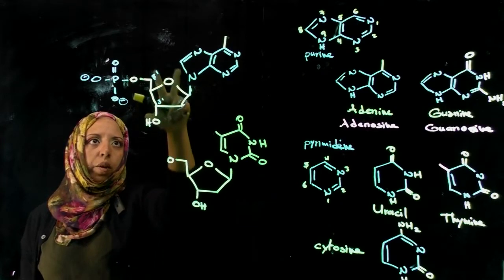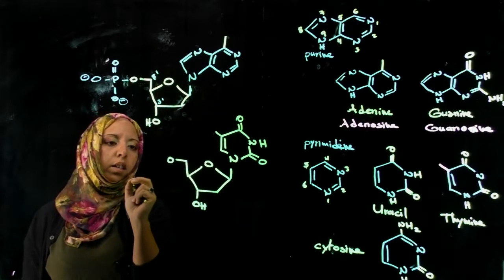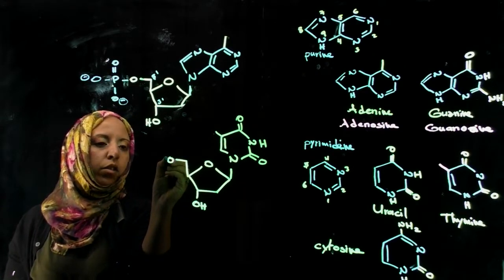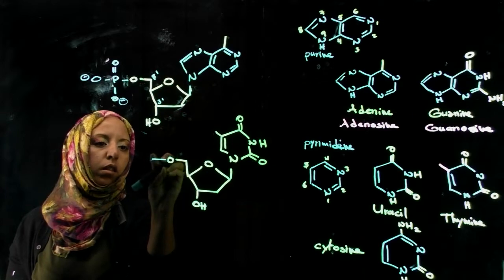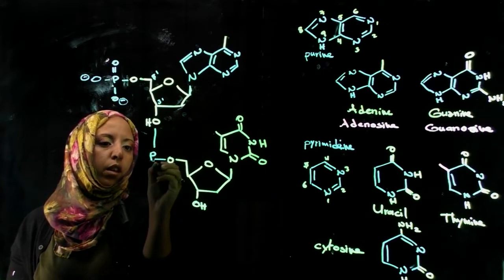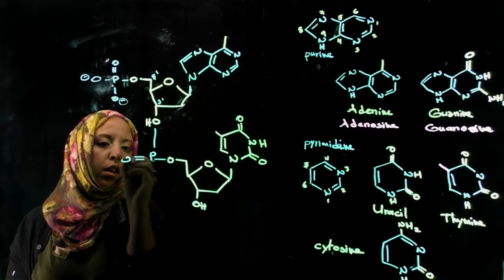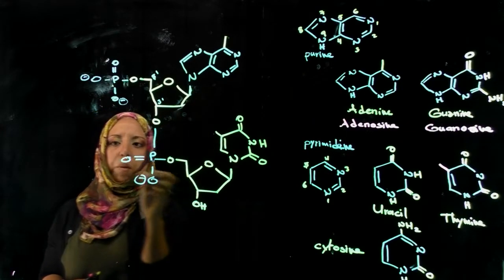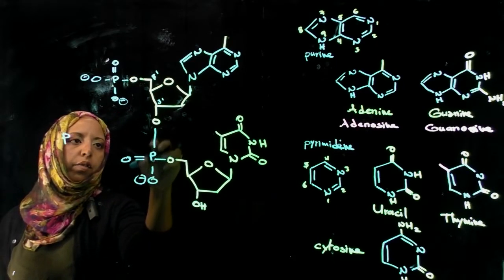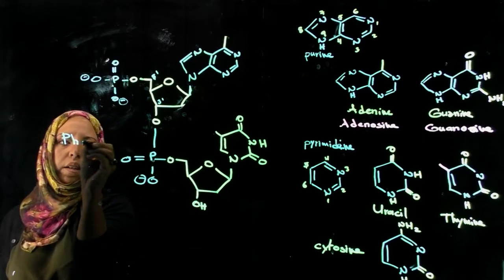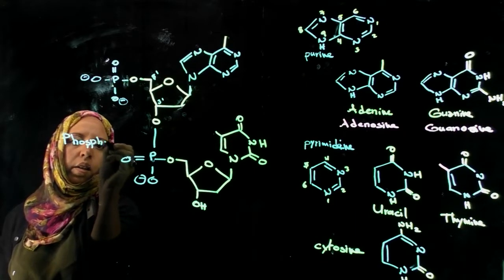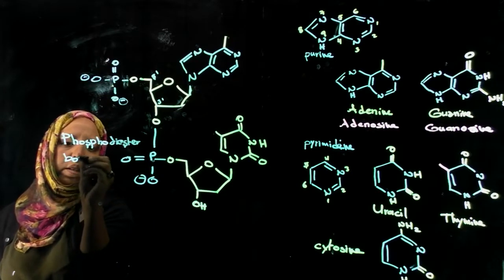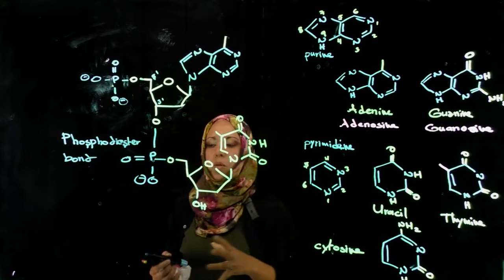So one nucleotide and another are linked through what we call a phosphodiester bond. You have the phosphate that will link to this, right? So we call that particular bond a phosphodiester. You have the phosphate and you have the 2 esters, right? It's a phosphodiester bond, right? It's really important that you differentiate between the 2 bonds.